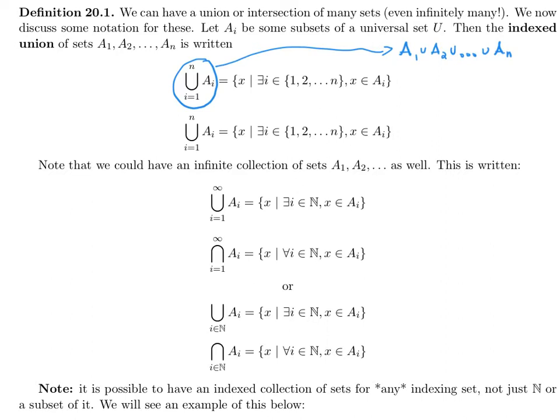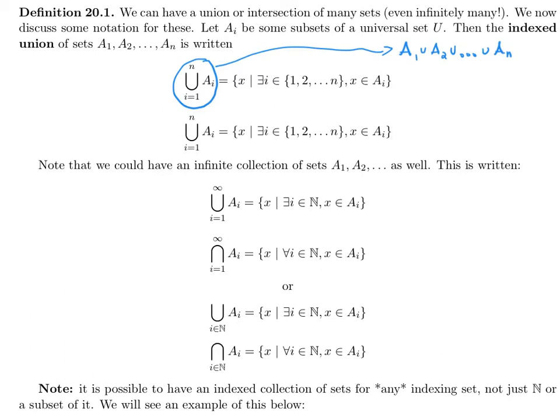And its definition reads as follows. It's all elements X such that there is an index I, so that your element is an element of AI. So you can find an AI there.